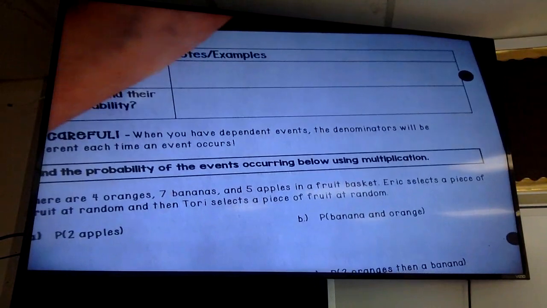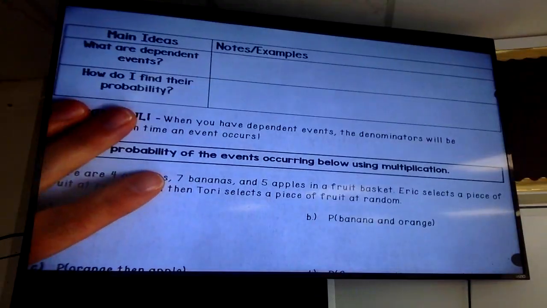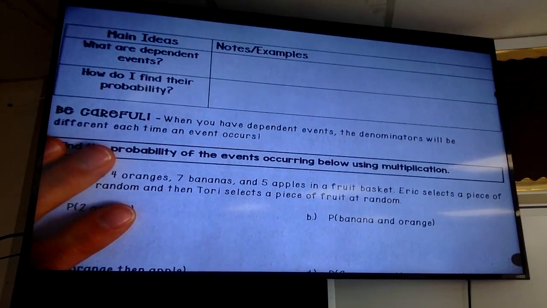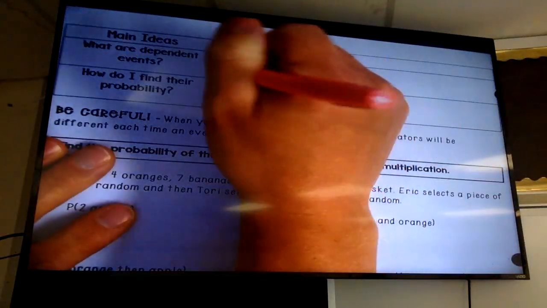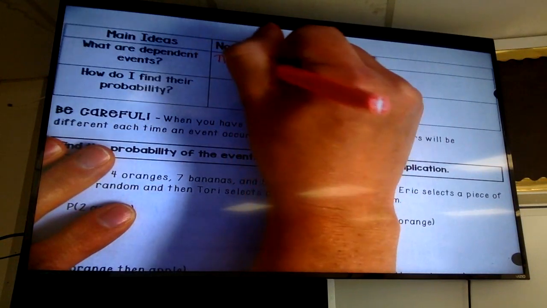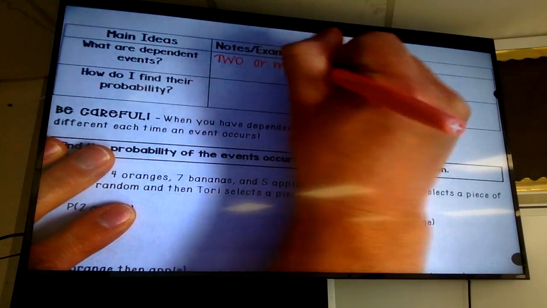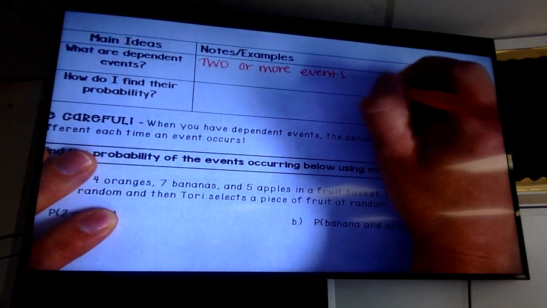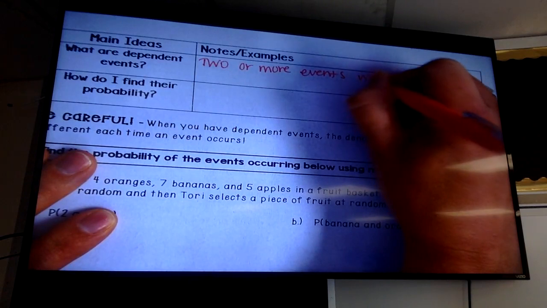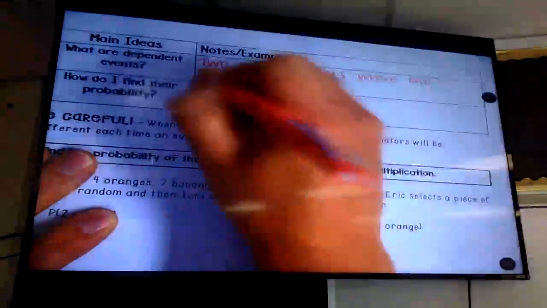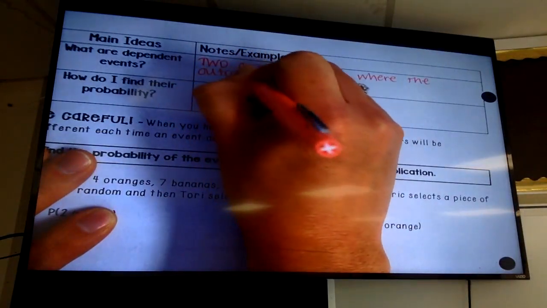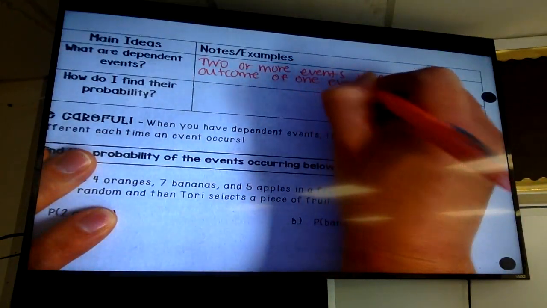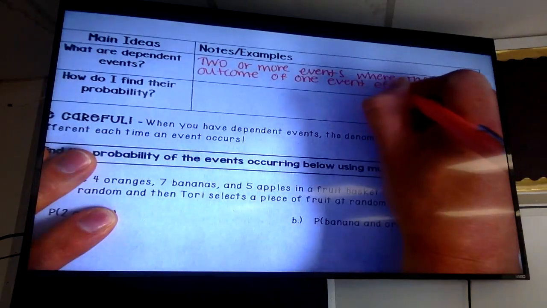But we do have events that are called dependent events. And that means when one event affects the outcome of another. So what are dependent events? They are when 2 or more events, where the outcome of one event affects the outcome of another.